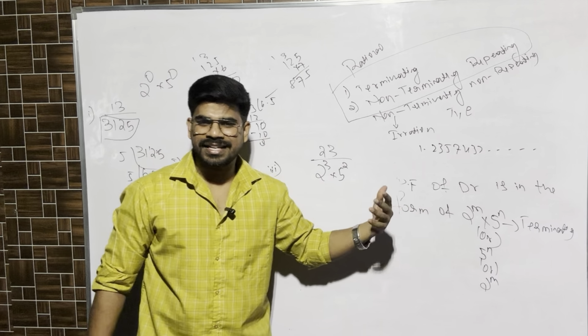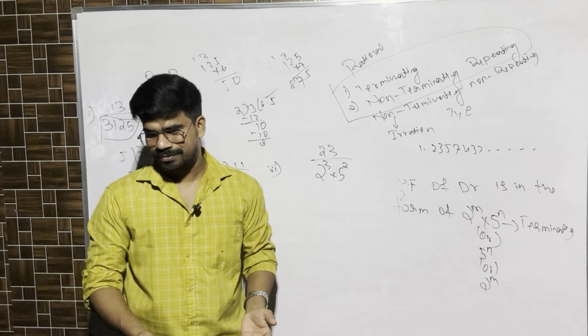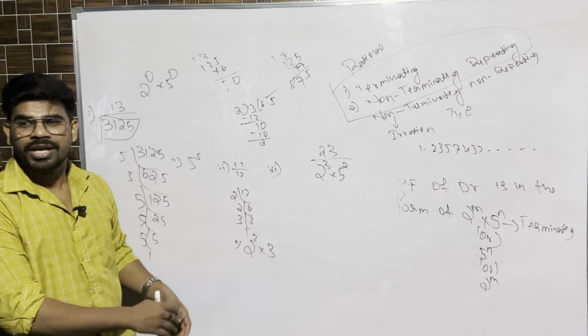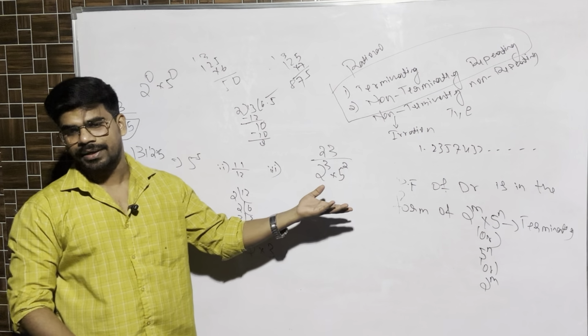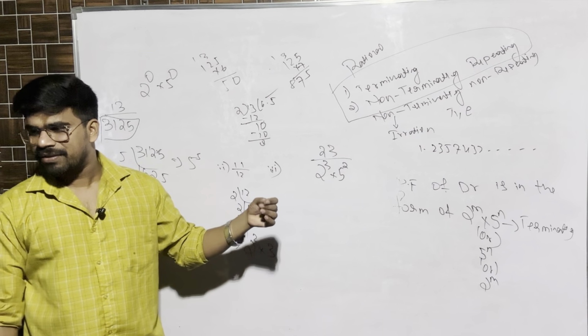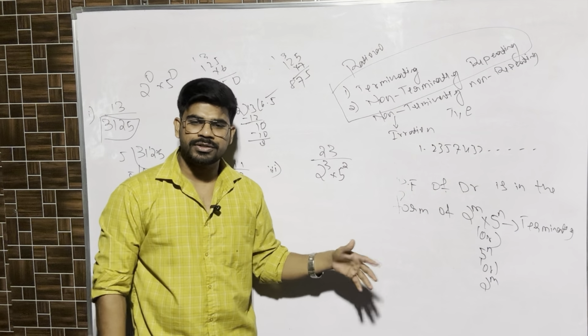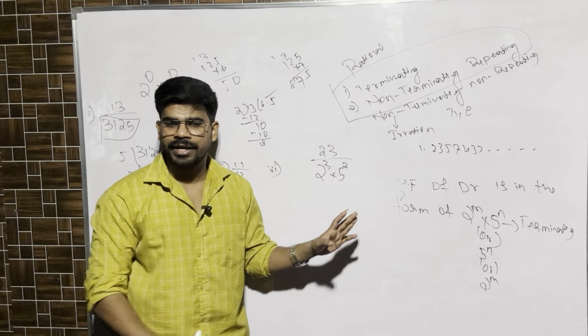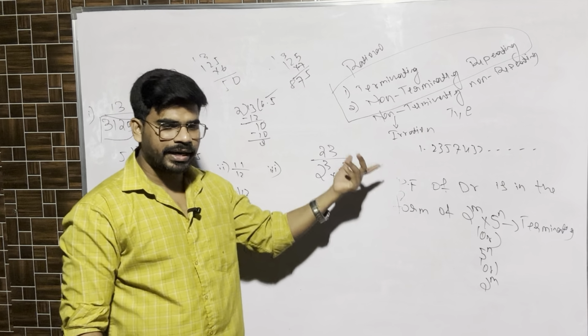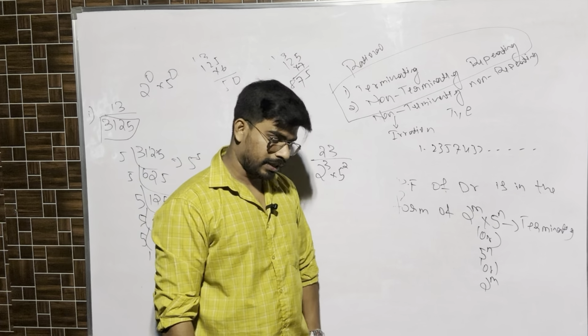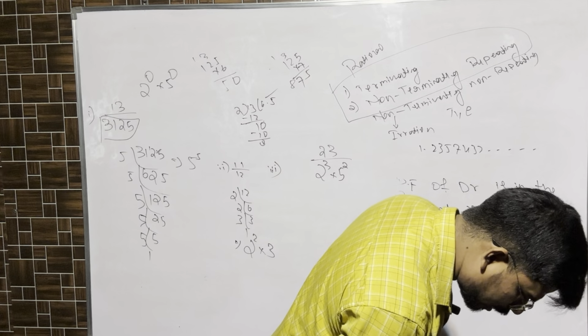He is actually trying to be very nice to us. We would have to find the prime factors, but no, he already found the prime factors and gave them. We need not do anything. The prime factorization is already in the form of 2 power n and 5 power n. So we have to thank him. So it is already terminating, because the denominator is in the form of 2 power n, 5 power n, right? So it is terminating.